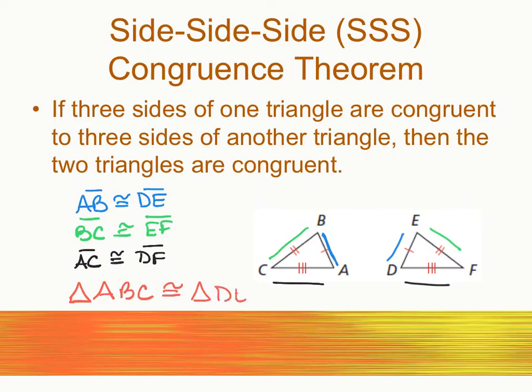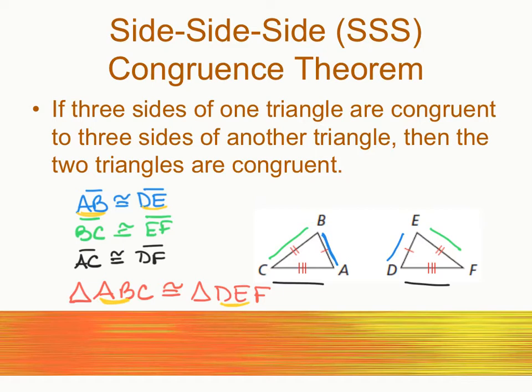So D, E, F, and notice what you could do is look back at how you wrote your statements. Notice how AB is matching with DE. AB are my first two letters, and I'm matching them over here with the same first two letters. And then by default, that third angle C and the third angle F would also go in there.